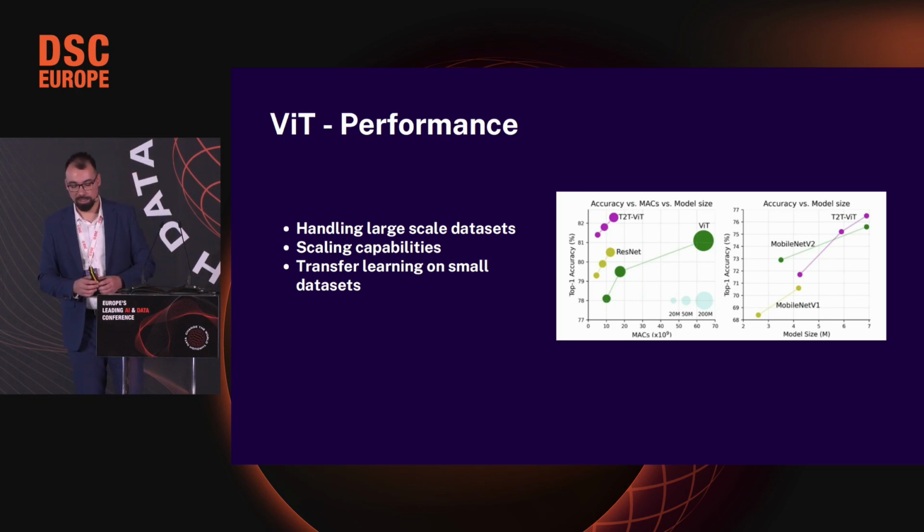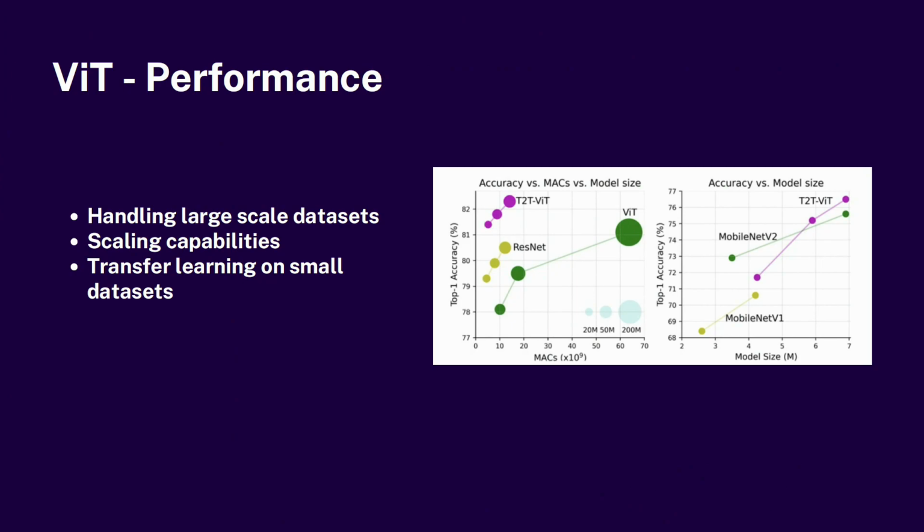On the left-hand side chart, you can also see that ResNet has fewer operations. We have MACs on the x-axis, and you have fewer operations, but accuracy is around 80%.